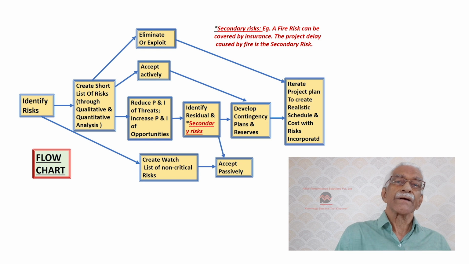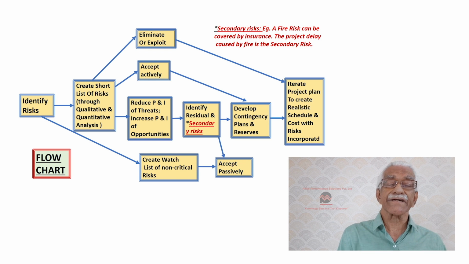So these could be minus for opportunities and plus for threats, because threats add to cost and time, opportunities reduce cost and time. So this is how risk management helps you to make sure that your project stays on course. Of course, you can't identify and plan for 100% of risks, but most of the risks you can identify and plan for.